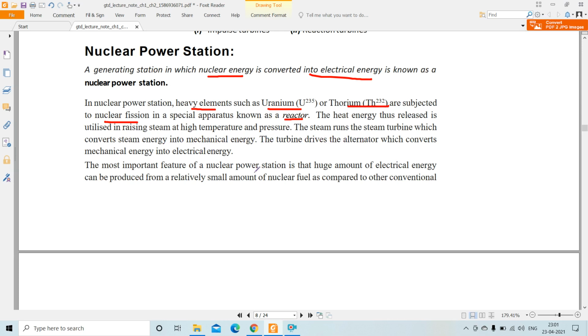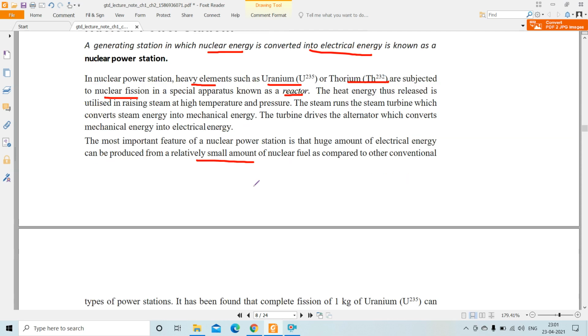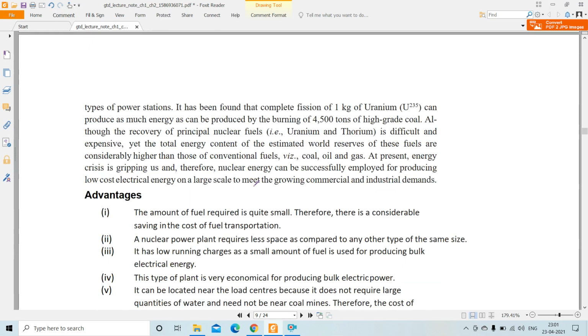The most important feature of a nuclear power station is that a huge amount of electrical energy can be produced from a relatively small amount of nuclear fuel as compared to other conventional types of power station. It is found that complete fission of 1 kg of uranium can produce as much energy as can be produced by burning 4,500 tons of high-grade coal.